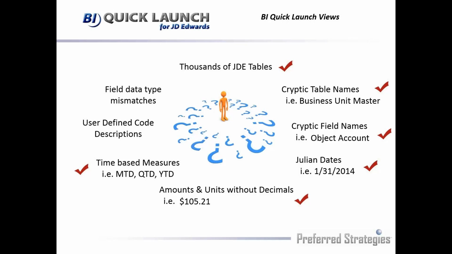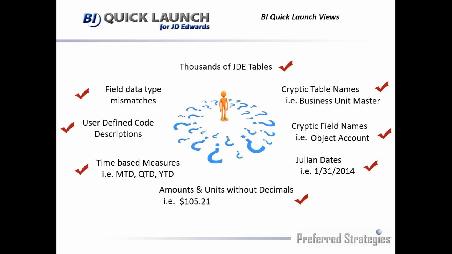If I choose June of 2014, all of a sudden I'll be calculating year-to-date through June of 2014. So what we're doing in the views is facilitating a way to get that data so that it can be easily calculated by the tool. UDC descriptions, again, are another one of the things, as are field data type mismatches.